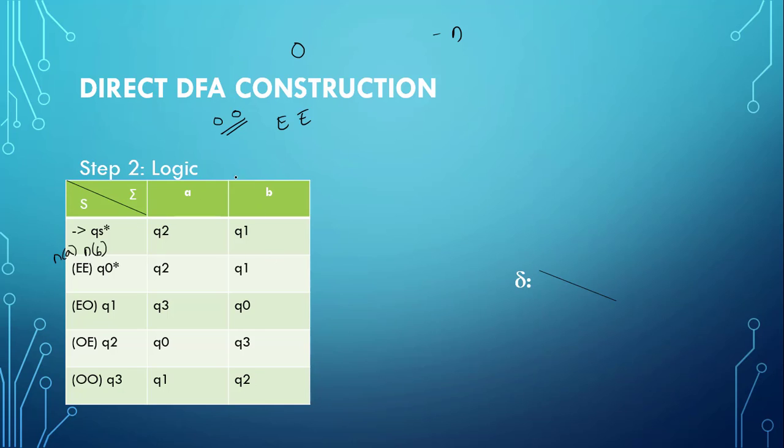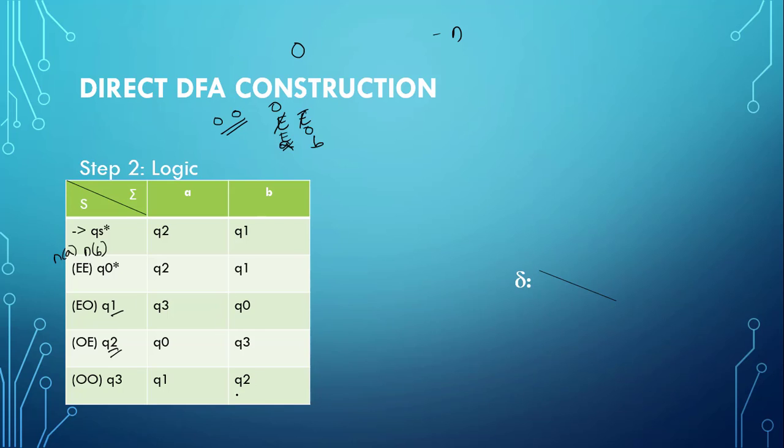After encountering the first A, it will become odd, that is an odd number of A's, and still an even number of B's, which is represented by the Q2 state. And if B occurs, then this will stay even and this will become odd. So it will be even, odd, that is the Q1 state.